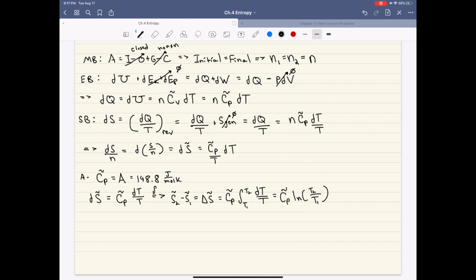To calculate delta S, all we have to do is plug in. For the natural log, we should be using temperature in absolute units, just like in the ideal gas law.